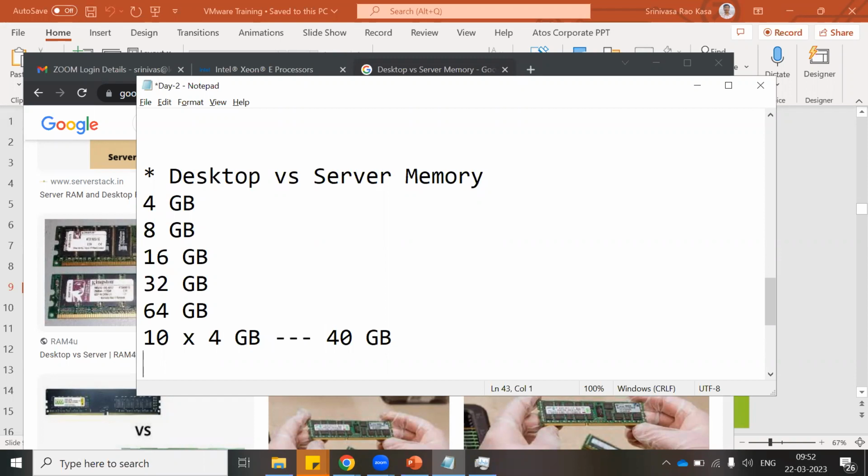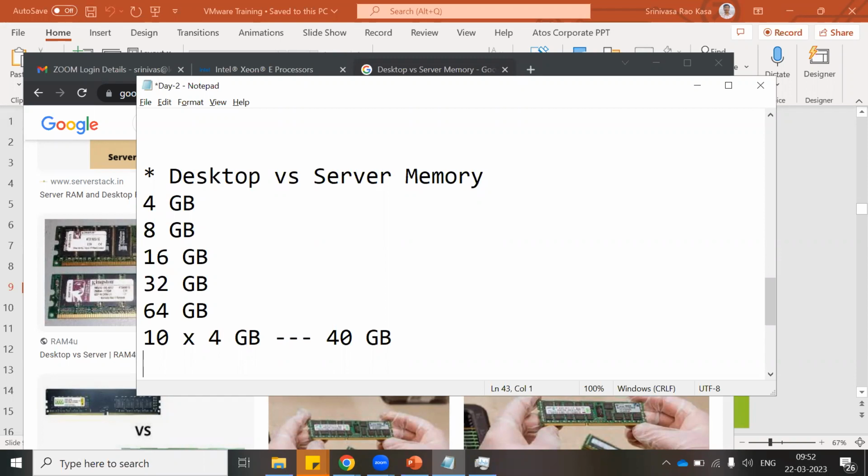If I am looking to upgrade a certain configuration, I need to understand what maximum I am going to get. The organization's account team is going to ask, I need to upgrade this server, what is the maximum it can support? Where do I need to go? I need to go to the server specifications, wherein it is going to mention how many slots are available.